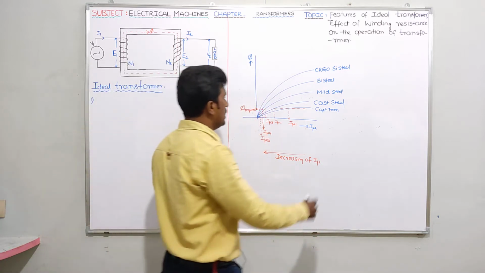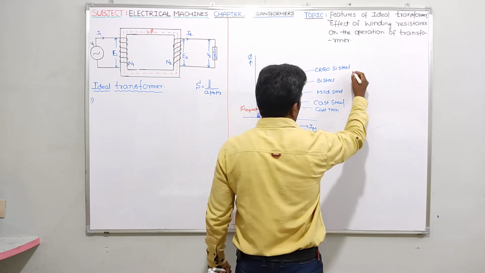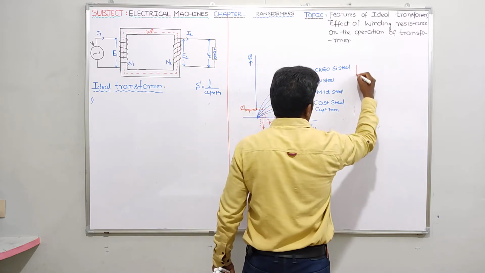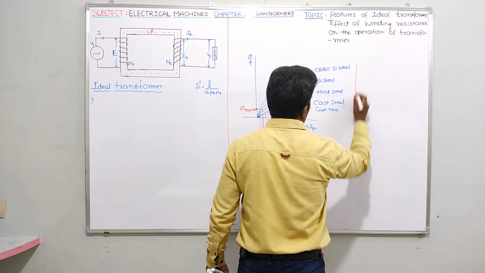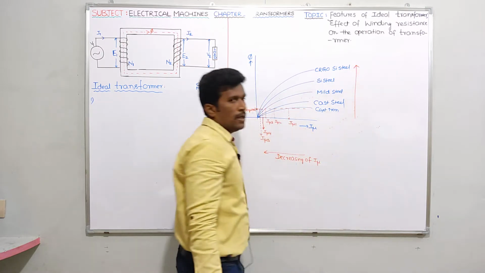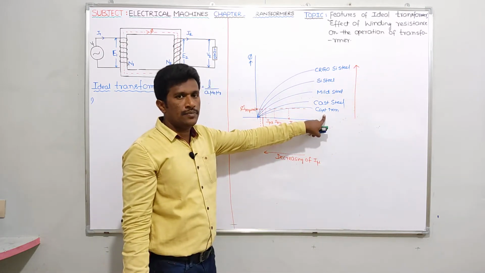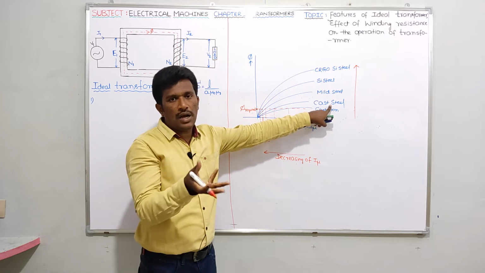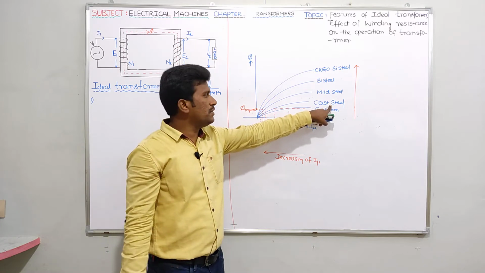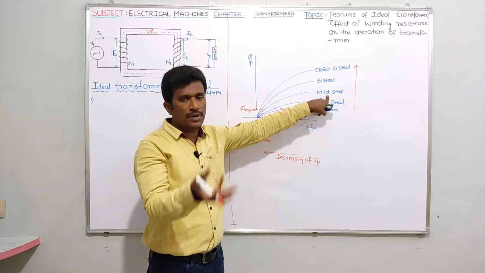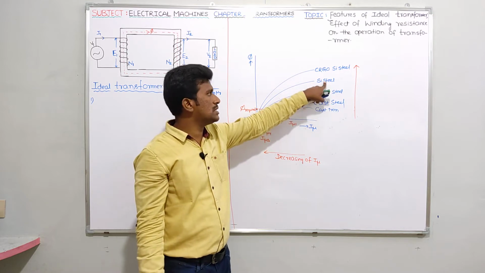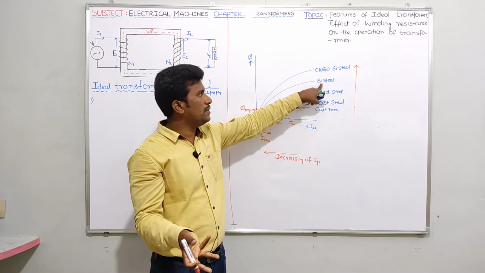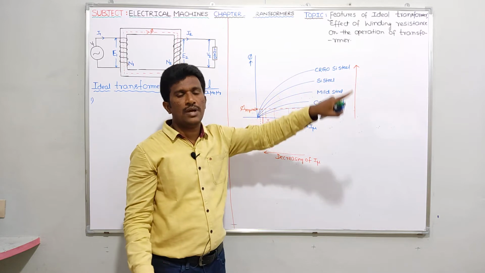And if you see guys here, I'll discuss this one in future, there is one topic on the transformer core, then I'll tell you. When compared with cast iron, cast steel will have a high permeability. When compared with cast steel, mild steel will have high permeability. When compared with mild steel, silicon steel will have high permeability. When compared with silicon steel, CRGO silicon steel will have high permeability.